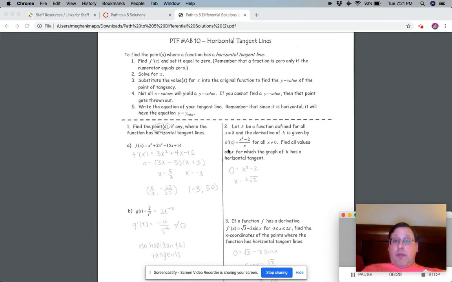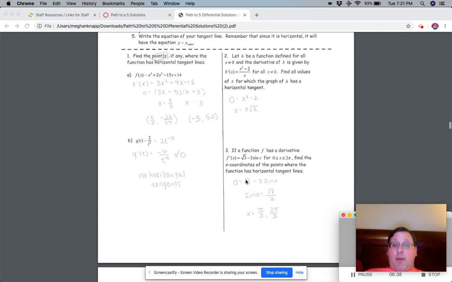Number 2, they gave you h prime. So if we set h prime equal to 0, that's when the numerator is 0, and they solved. Number 3, again, they gave you the derivative. So they set the derivative equal to 0 to find where we have a horizontal line. And they made you do some nice unit circle work, which I know everybody loves.